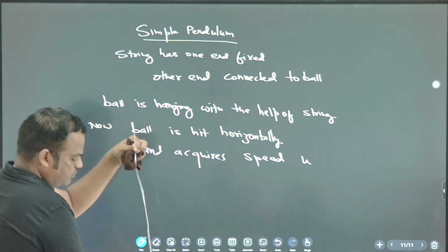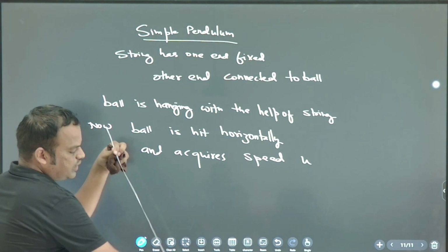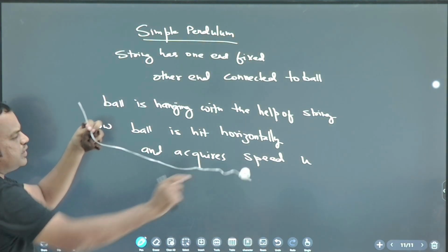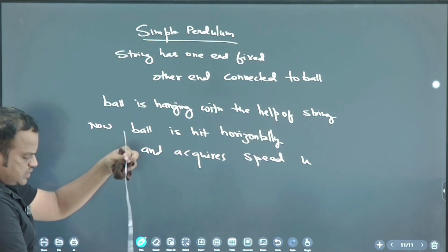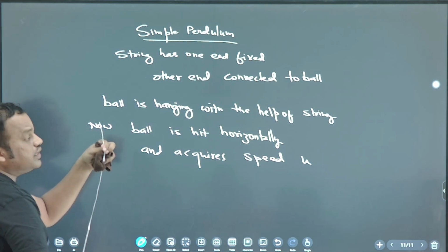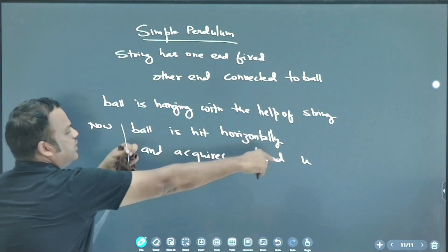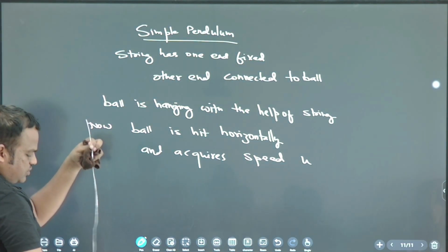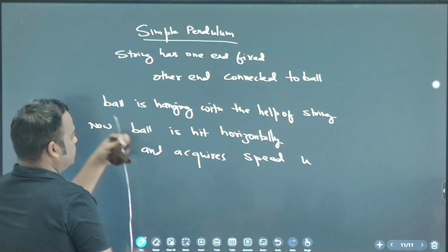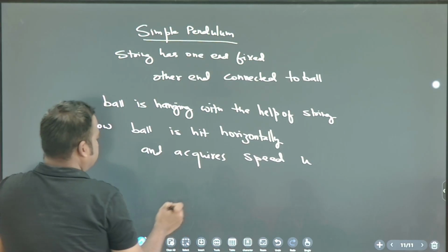So what speed am I giving here? u. As it is going up, is the speed increasing, decreasing or constant? Decreasing. Topmost point, what is the speed? 0. So maximum speed at the lowest point, then decreasing, decreasing, decreasing. So now ball is hit horizontally, acquires speed u.